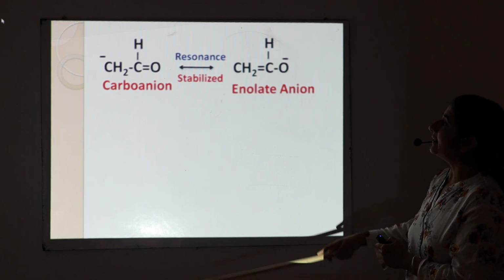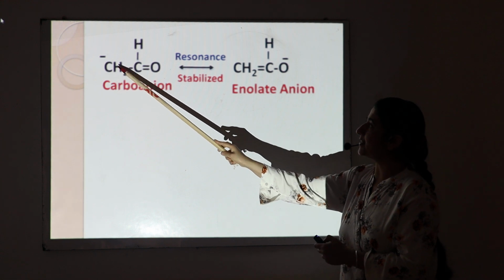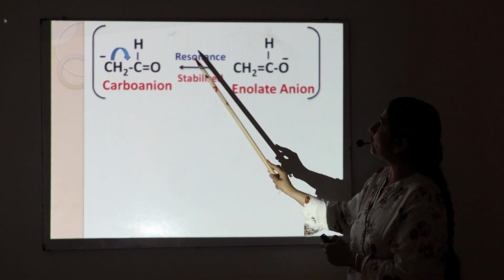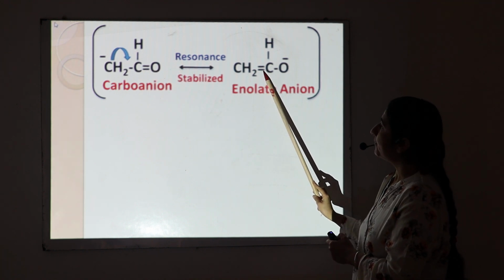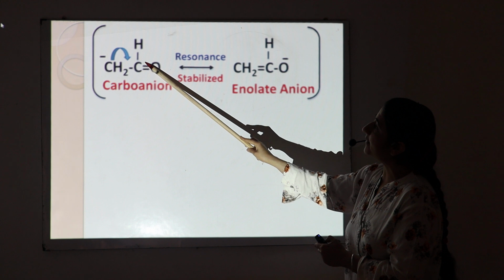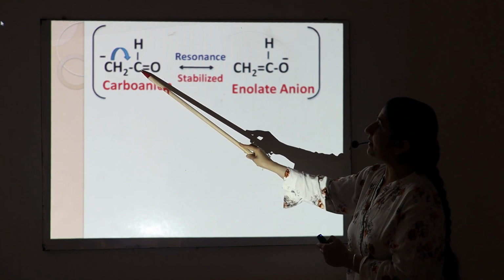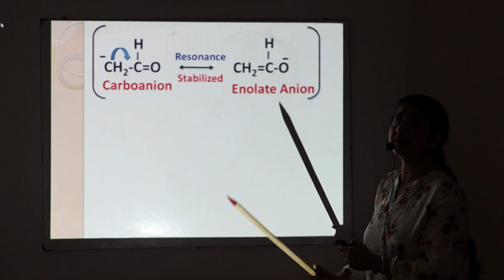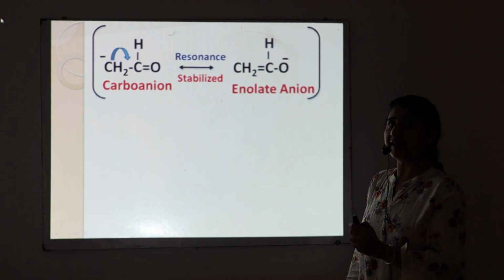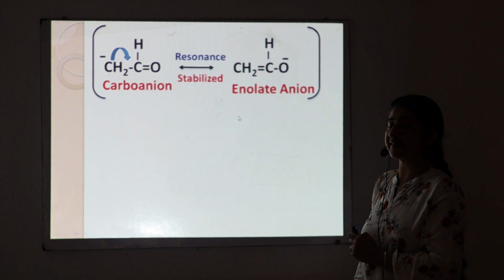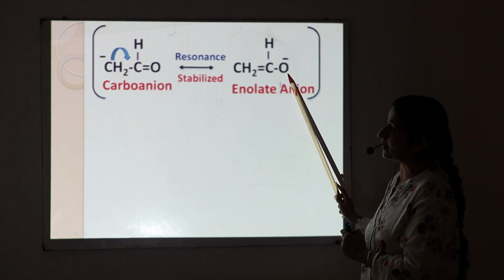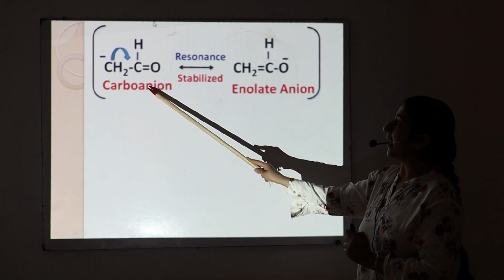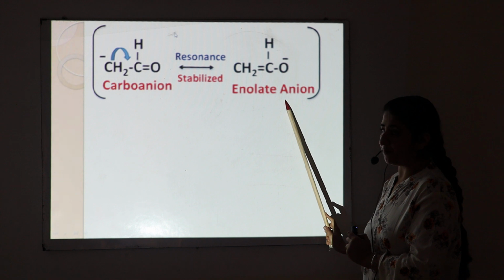In this case, the negative charge on this carbon atom migrates to this carbon atom to form a carbon-carbon double bond, while simultaneously there is a migration of the sigma electron between carbon and oxygen toward the oxygen, because oxygen has a more electron withdrawing effect and it withdraws the sigma electron toward itself to form the negative charge on this oxygen. So this is the first step in which carbanion or enolate anions are formed.